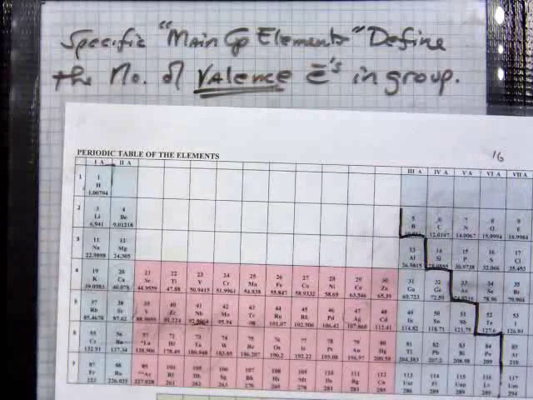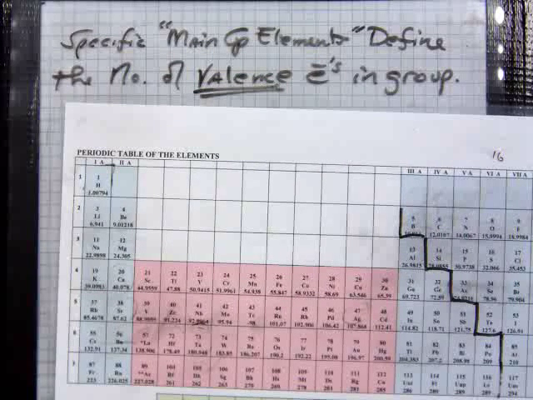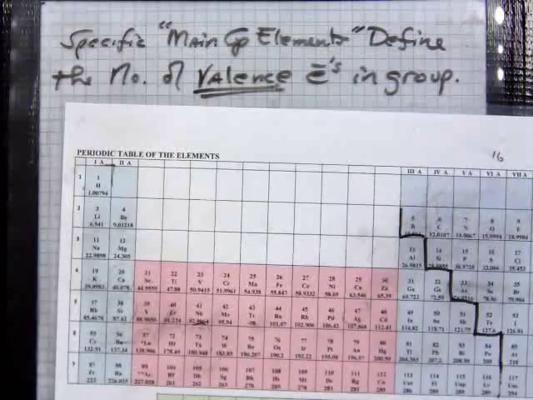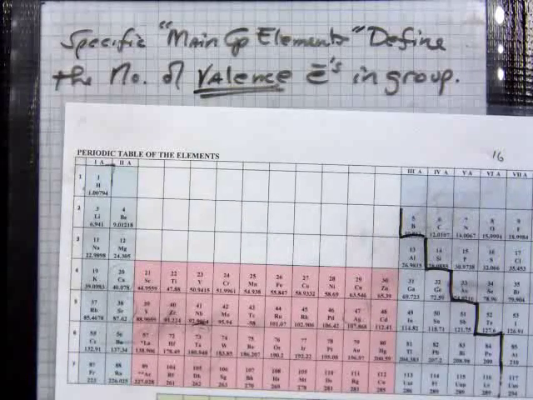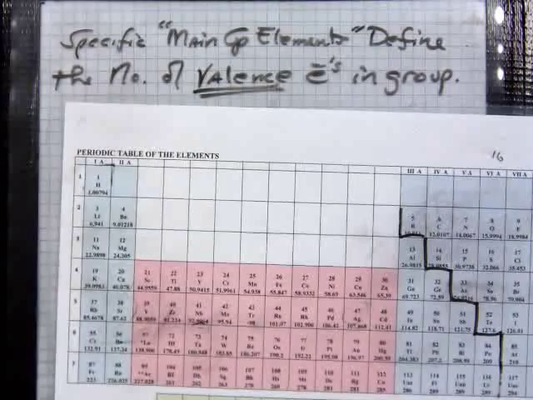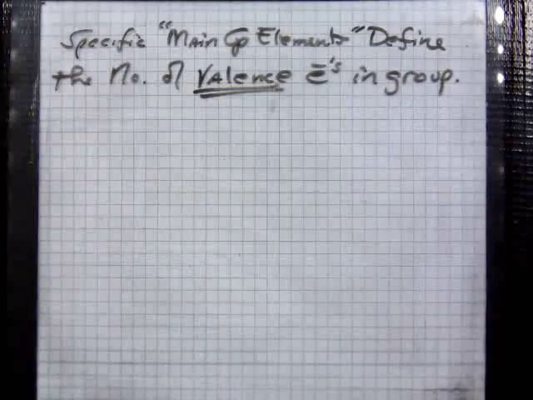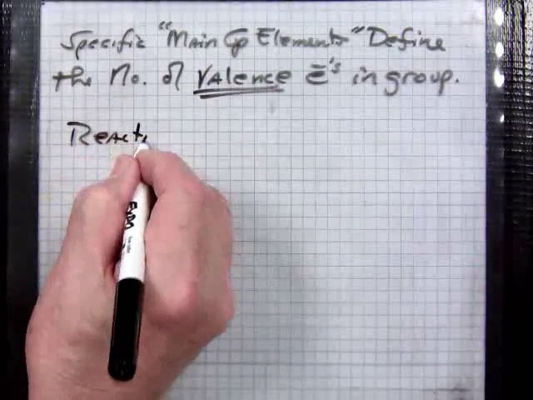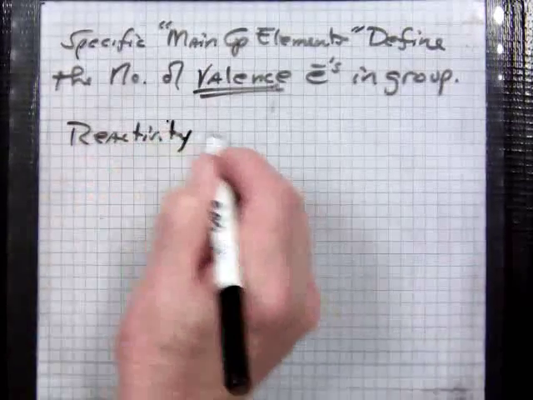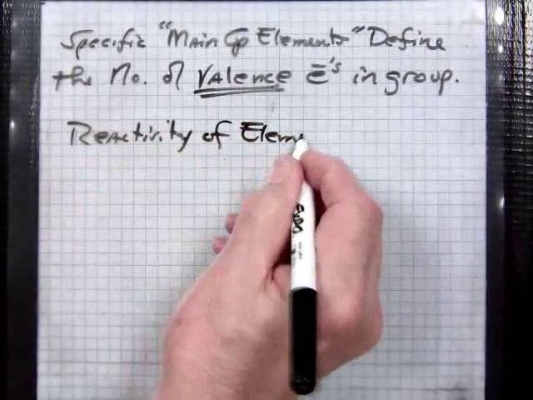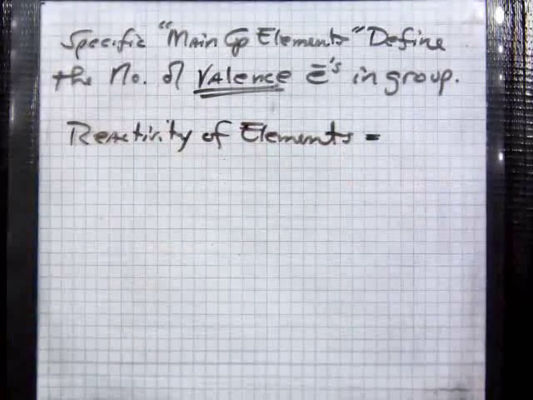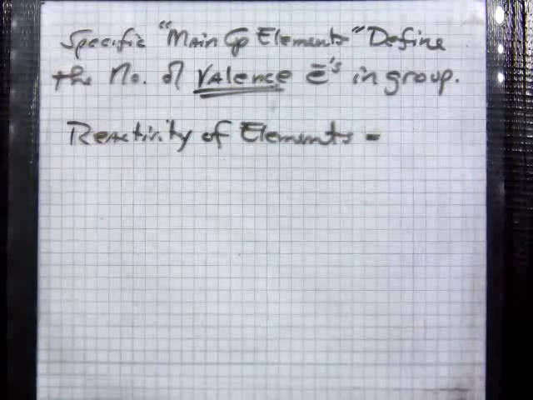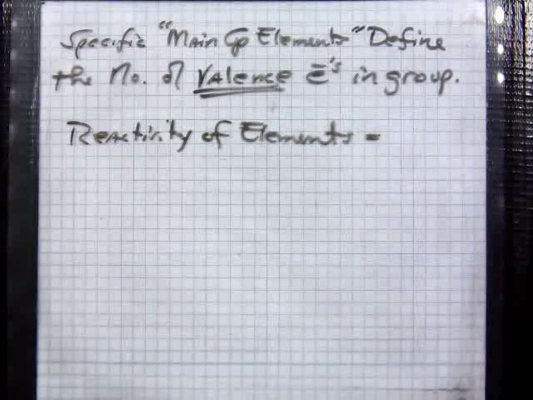And so it's very important that you understand when you look at a group how many outer shell electrons, because that leads to how each element reacts, whether it gains electrons or loses electrons. And the reactivity of elements, this is a generalization rule that you can depend on as far as basic behavior of the element by itself.